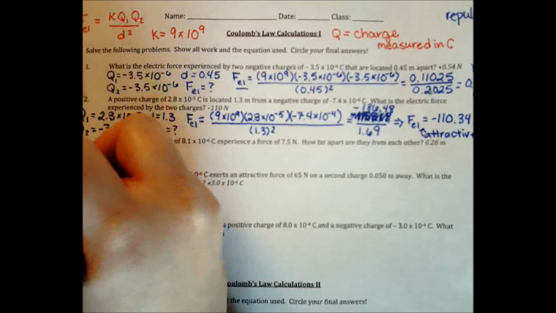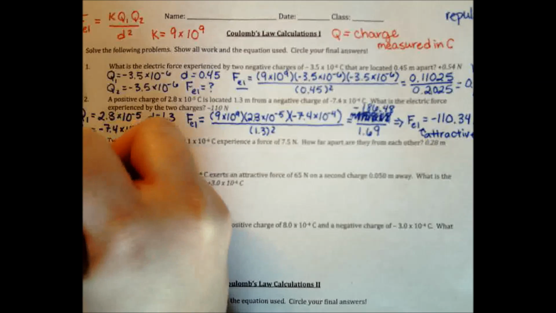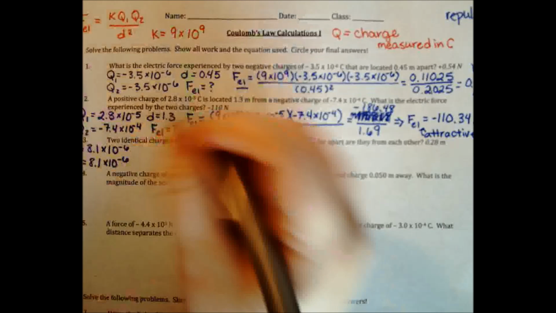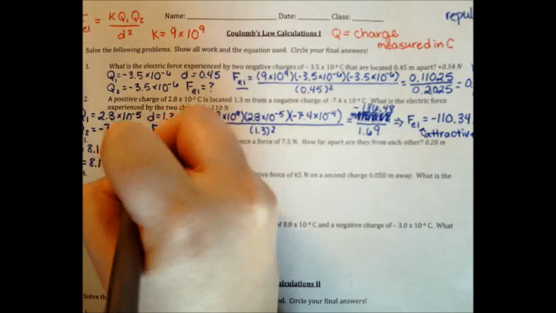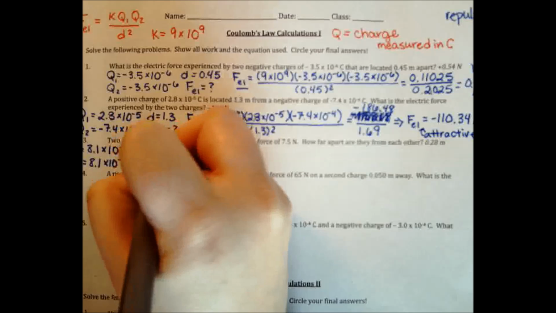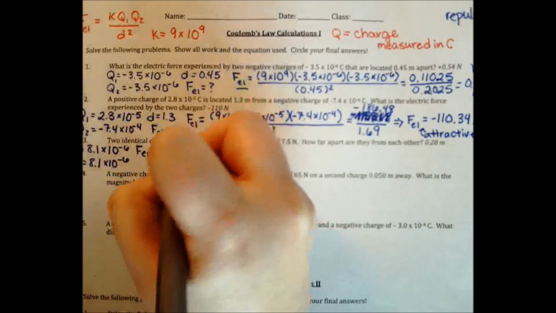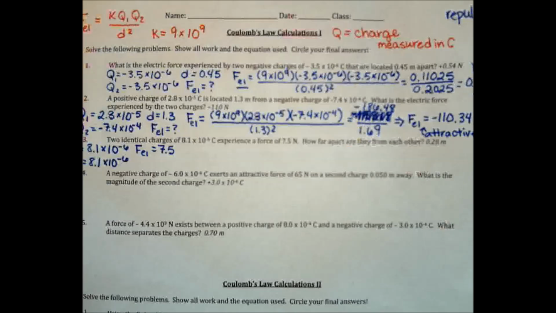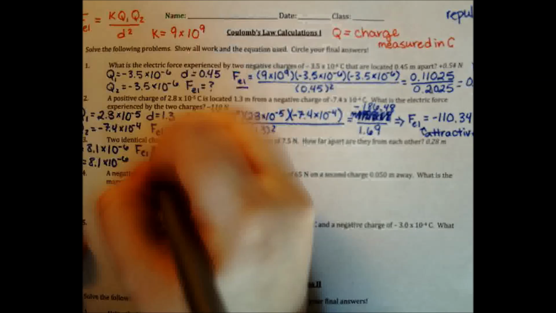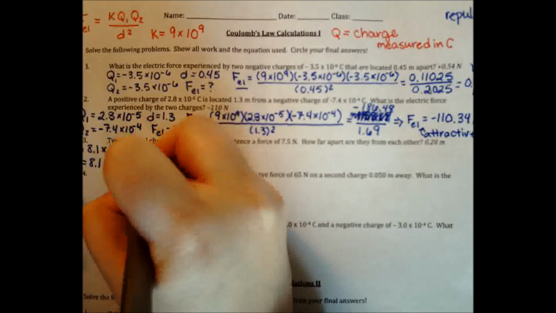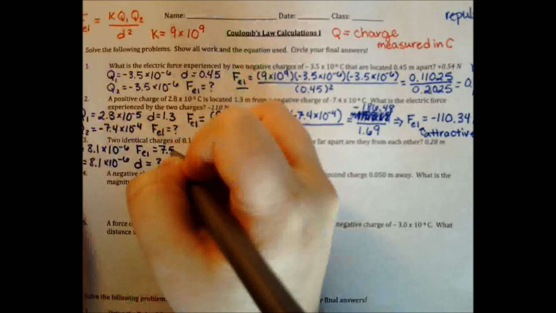Q2 is 8.1 times 10 to the negative 6th. The force is 7.5 newtons. And we are looking for the distance.